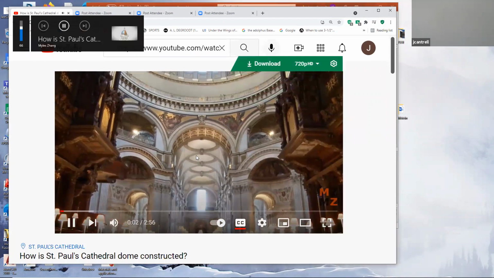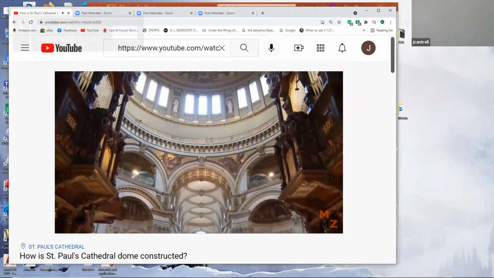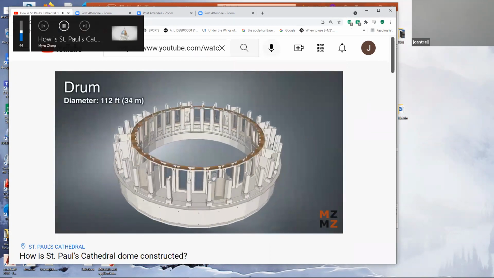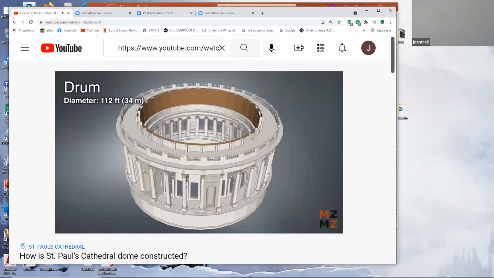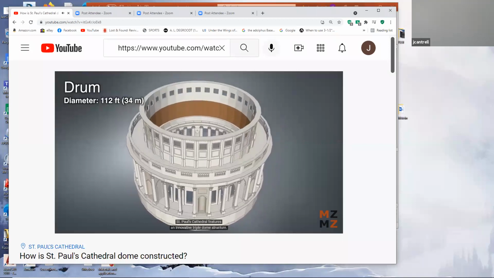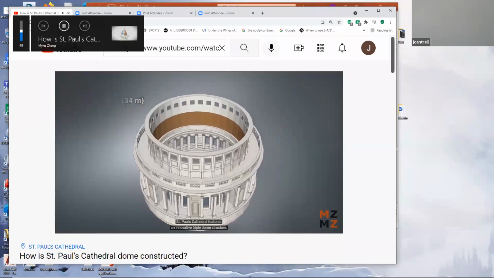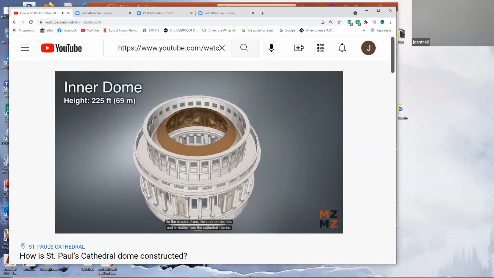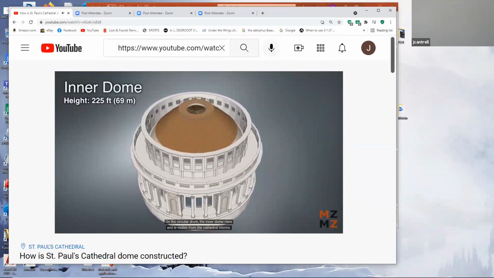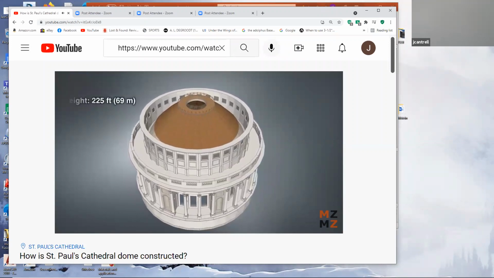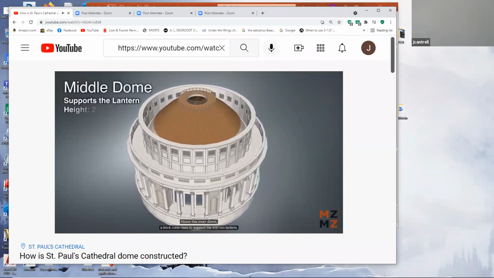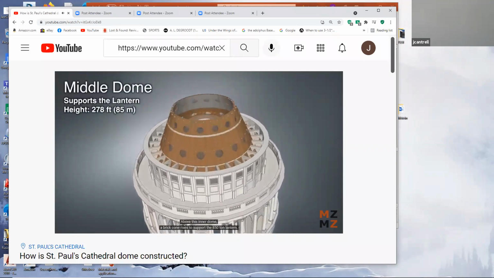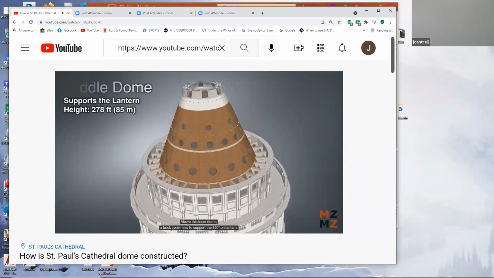And this is St. Paul's. St. Paul's Cathedral features an innovative triple dome structure. On the circular drum, the inner dome rises and is visible from the cathedral interior. Above this inner dome, a brick cone rises to support the 850-ton lantern.